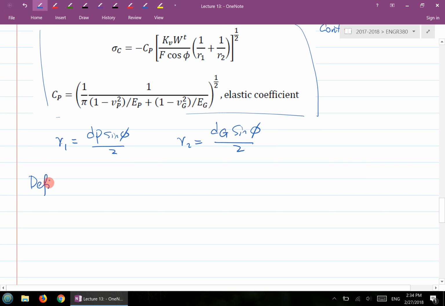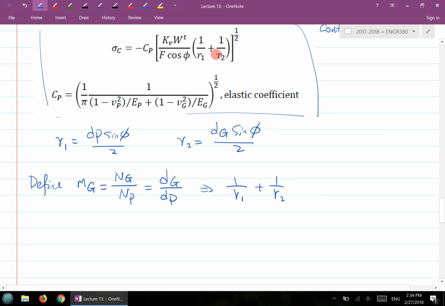Let's define our gear ratio as mg. We call mg equal to ng over np, that's the gear ratio, and it's the same as dg over dp, the pitch diameter for the gear divided by the pitch diameter for the pinion. You can see this 1 over R1 plus 1 over R2, and R1 is over here, R2 is over here.